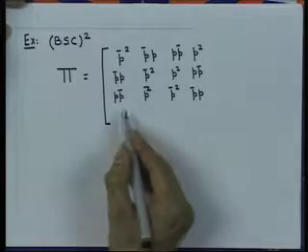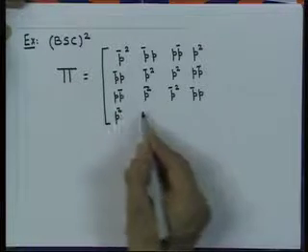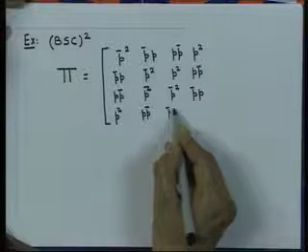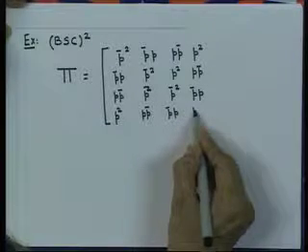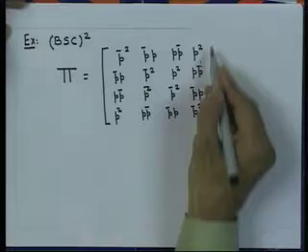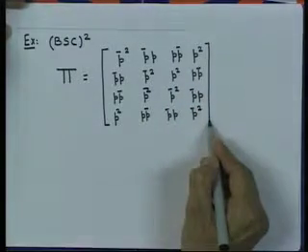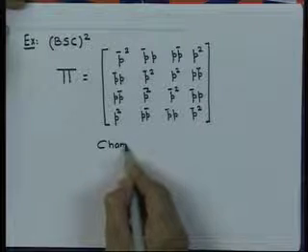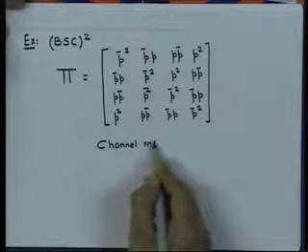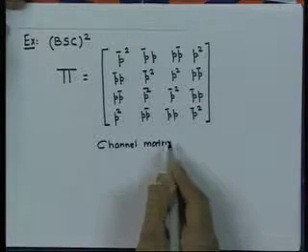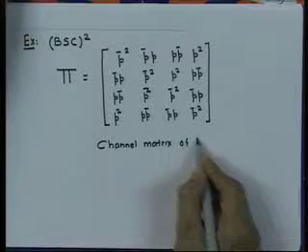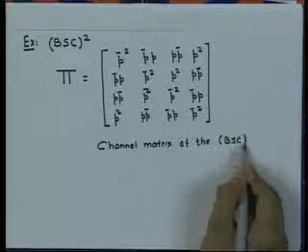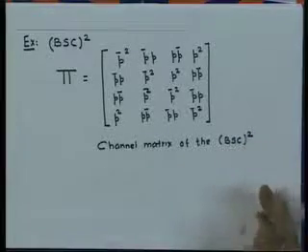This is p squared, p bar p, p p bar, p bar squared. So, this is the channel matrix of the second extension of a binary symmetric channel.